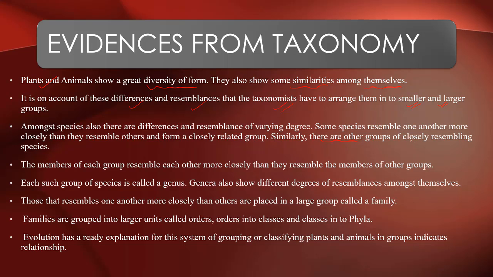There are other groups of closely resembling species belonging to the same genus or the same family. The members of each group resemble each other more closely than they resemble the members of other groups.